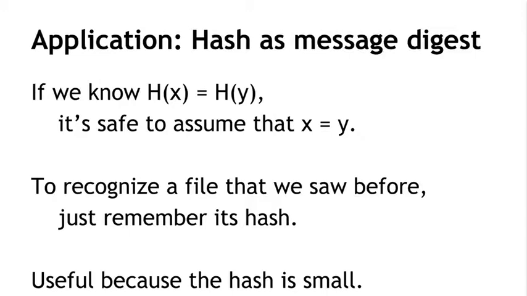And this lets us use the hash as a kind of message digest. Suppose, for example, that we had a file, a really big file, and we wanted to be able to recognize later whether another file was the same as the file we saw the first time. Right? So one way to do that would be to save the whole big file, and then when we saw another file later, just compare them. But because we have hashes that we believe are collision-free, it's more efficient to just remember the hash of the original file. Then if someone shows us a new file and claims that it's the same, we can compute the hash of that new file and compare the hashes.